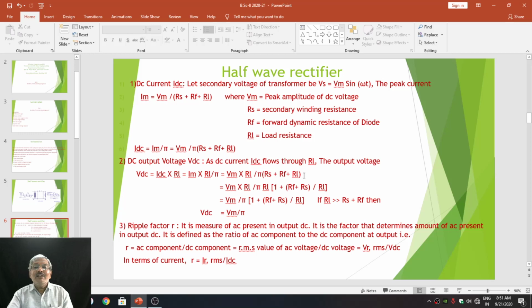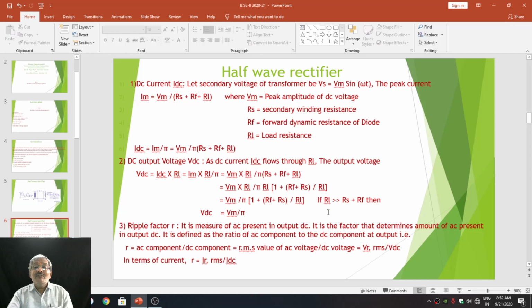Take RL common, and we get 1 plus Rf plus Rs upon RL, which one can write as Vm upon pi. This RL cancels with RL, and we get Vm upon pi into 1 plus Rf plus Rs upon RL.